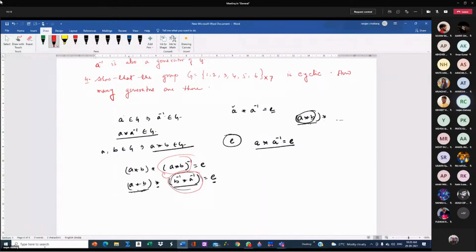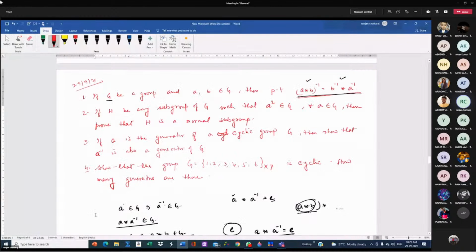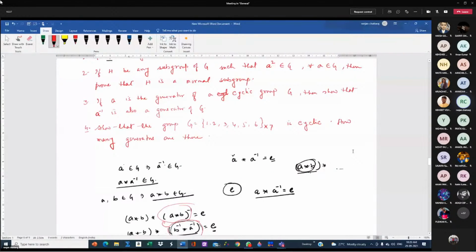Sir, please scroll a bit. Thank you, sir. It means when we prove that A star B star B inverse star A inverse equals E, then we can proceed. Yes, we have to prove this one.